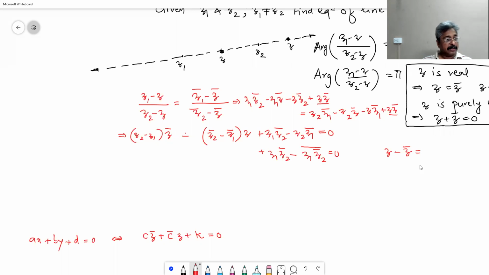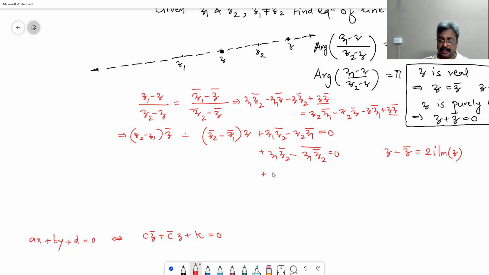If you subtract the conjugate, you get purely 2 times i times the imaginary part of z. Yes or no? That is what you end up getting if you subtract the conjugate from a complex number.